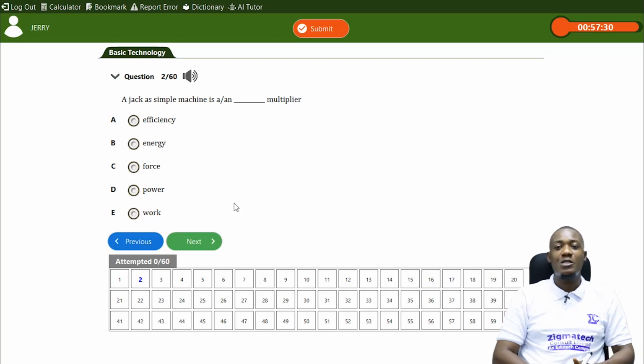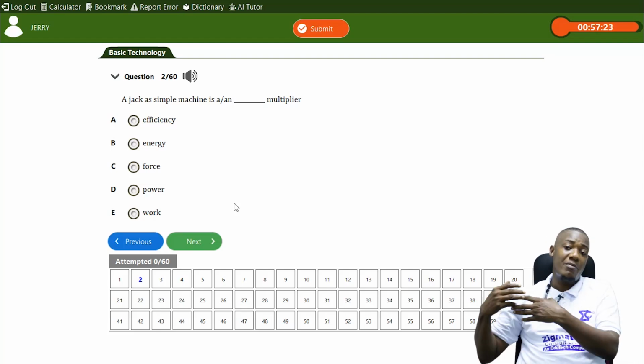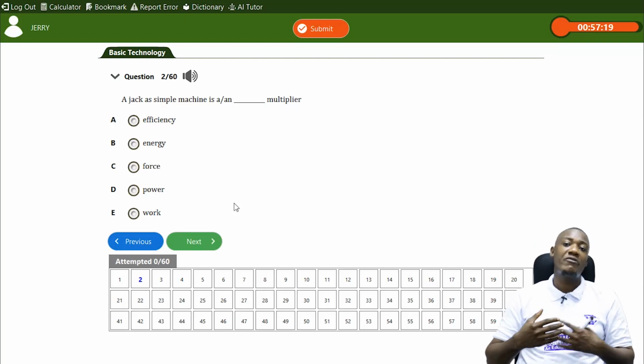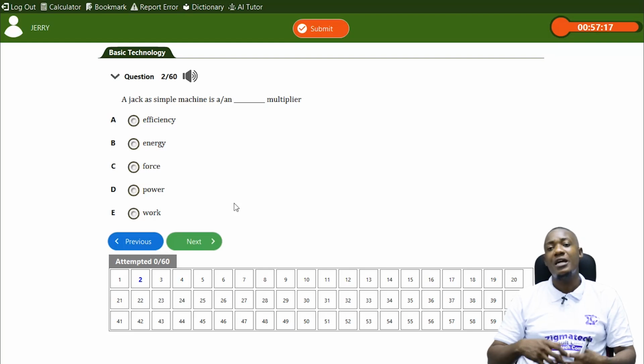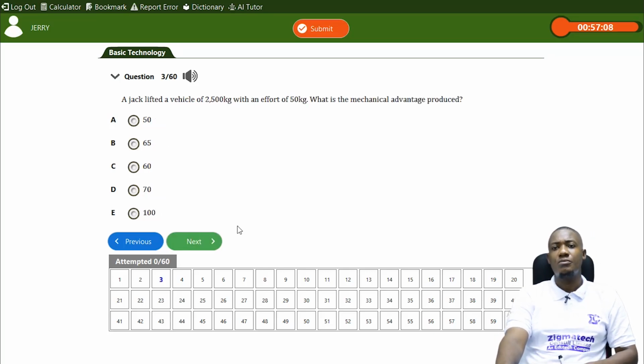This option is option C. Why? I just told you that a machine that has a mechanical advantage amplifies the effort applied, and effort is a force. So option C is the right option. The machine amplifies an effort you have put into the machine.